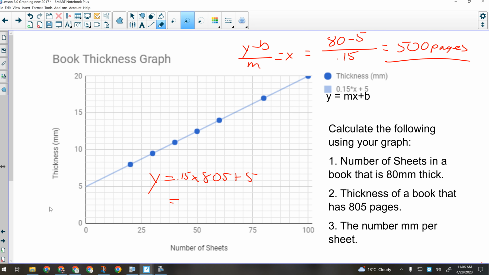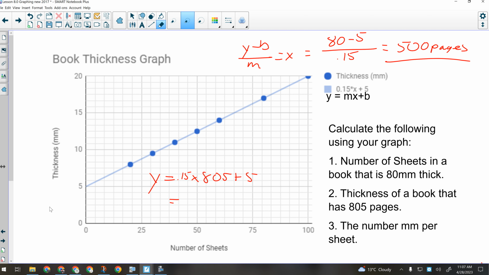It's the cover. The y-intercept on this graph would be the thickness of the book's cover, 5 millimeters. So it's probably a hardcover book. Okay, that sort of makes sense. These are the kinds of things that show I can interpret what's on a graph. That's a bit of a tricky question, right? We're thinking about thickness and pages, but why do I have a thickness when I don't have any pages? Well, because books have covers. Things like that, little things.